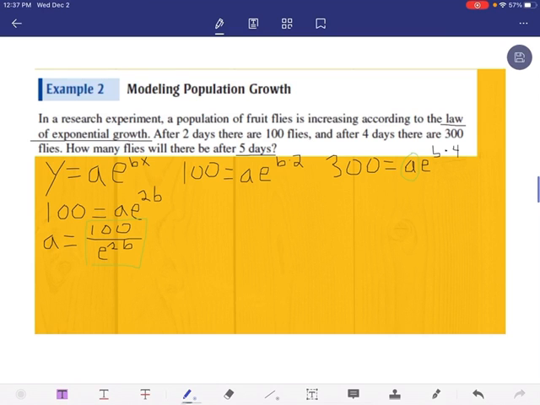So I'm going to get 300 equals 100 divided by e to the 2b times e to the 4b.